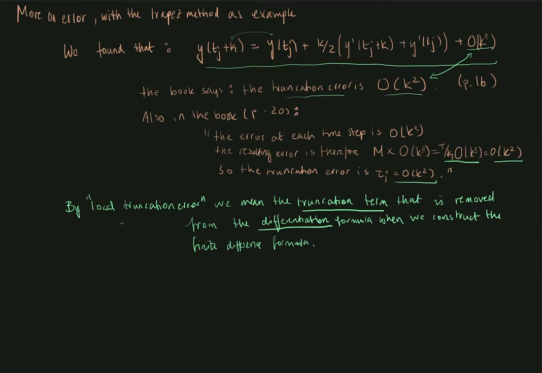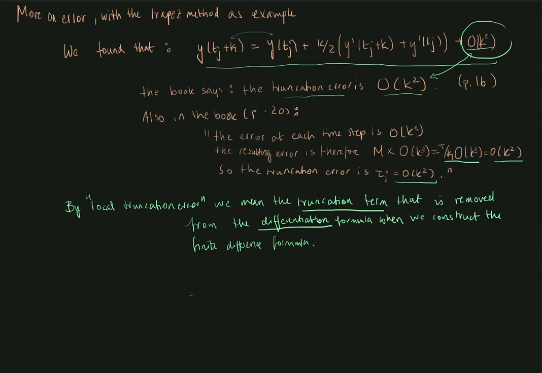So when we talk about, for example, truncation error in the trapezoidal method, then this term over here is not the truncation error nor the truncation term in the differentiation formula.